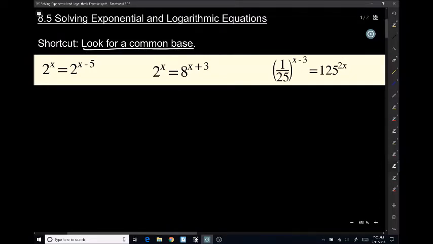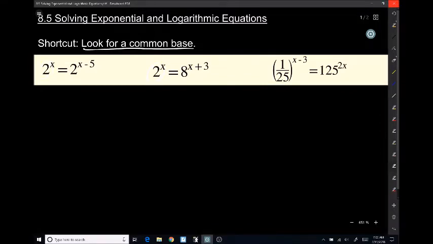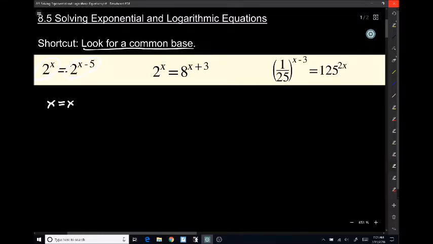Now, common base means where the base of these exponents is the same or can be made the same. So like here for this first example, 2 to the x equals 2 to the x minus 5. Well, if 2 to the x actually equals 2 to the x minus 5, the only way that's possible is if the powers themselves are equal.